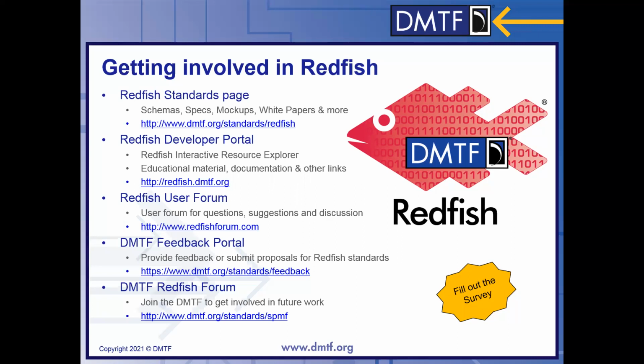The other one to remember is the Redfish developer portal, redfish.dmtf.org. From here you can get to all of our materials, both the things from the DMTF and all of the pieces on GitHub, and it will take you between that, the YouTube pages, the GitHub links, everything.